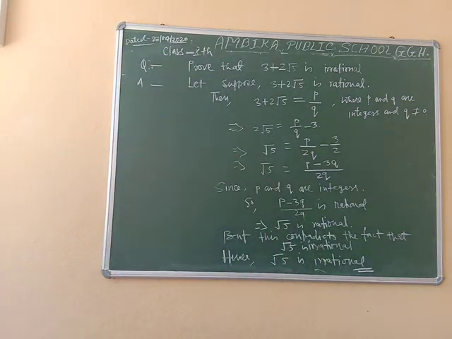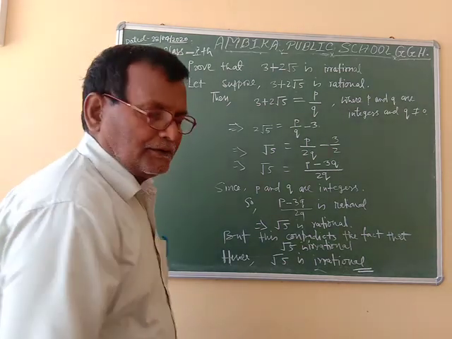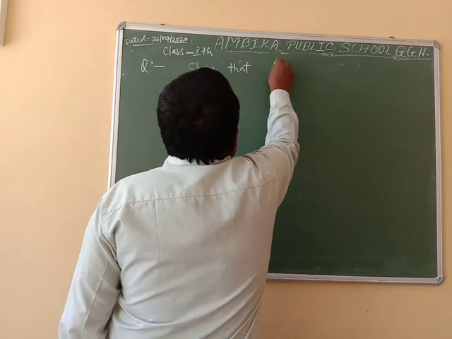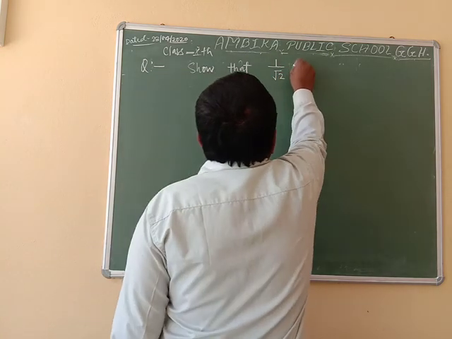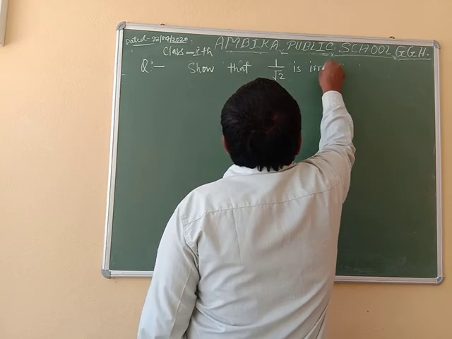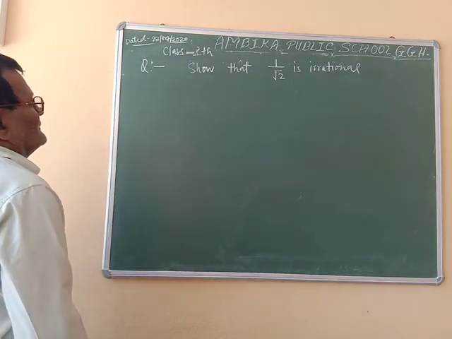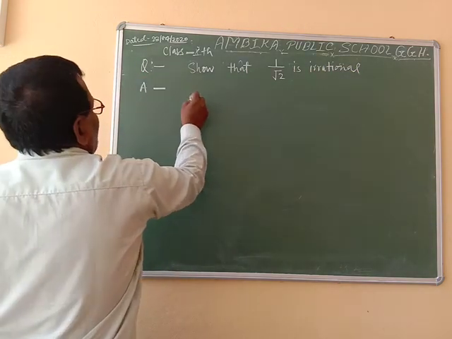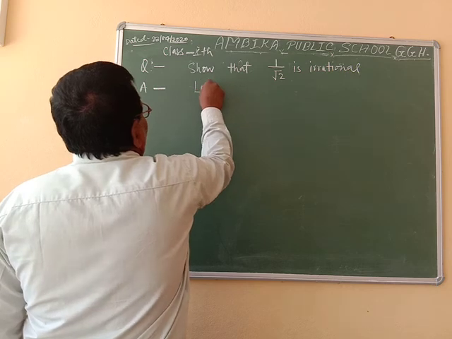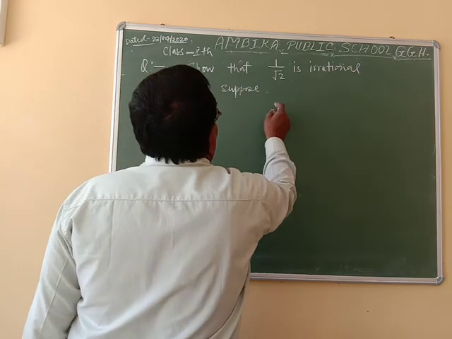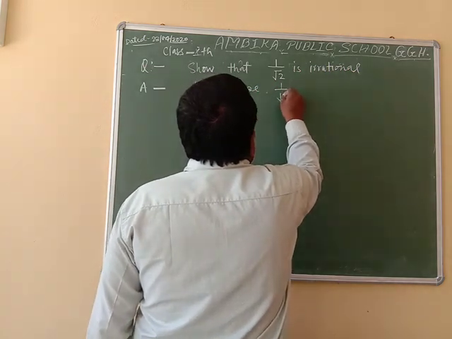Now I am going to prove the next theorem. 1 by root 2 is irrational. Let us suppose 1 by root 2 is rational.